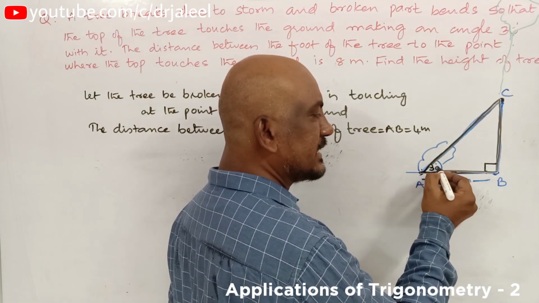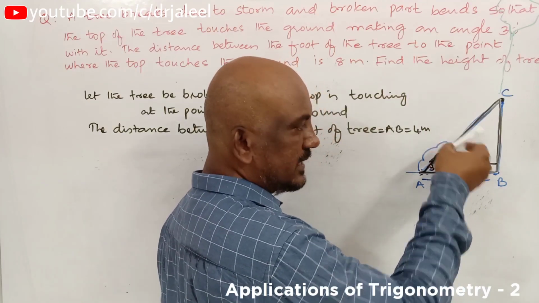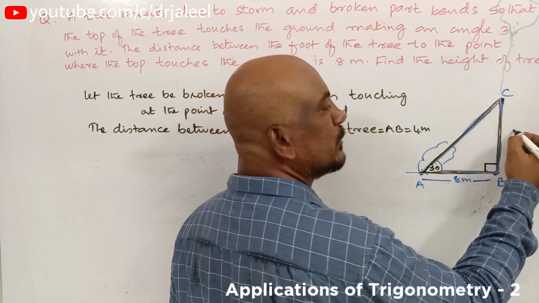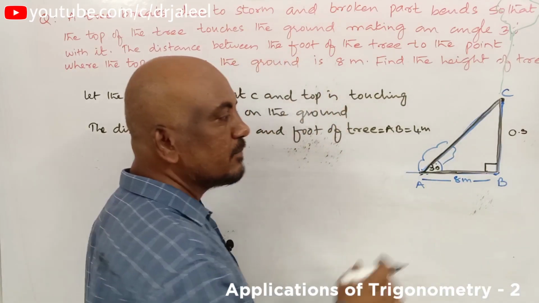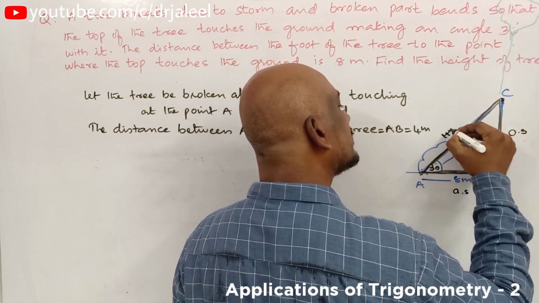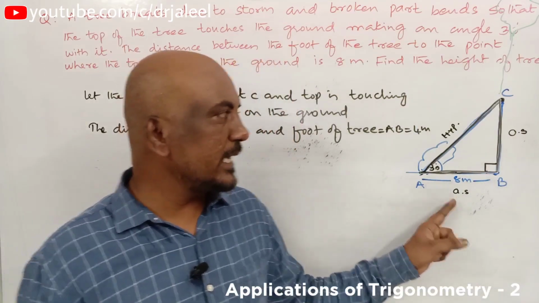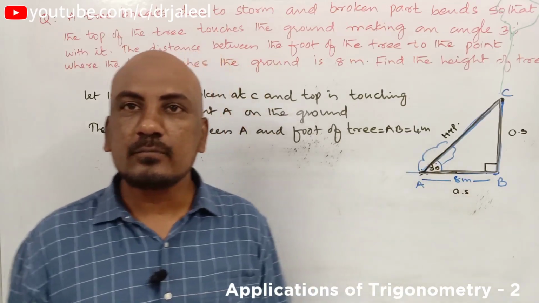When you consider this 30 degrees angle, I mean the angle between the tree and the ground, with respect to this angle, what is this side going to be? Opposite side, because it is opposite to the angle. And this side is the adjacent side. And what is this side? Hypotenuse, the longest side. So you have named all three sides: opposite, adjacent, hypotenuse.